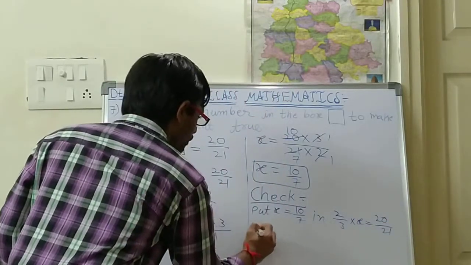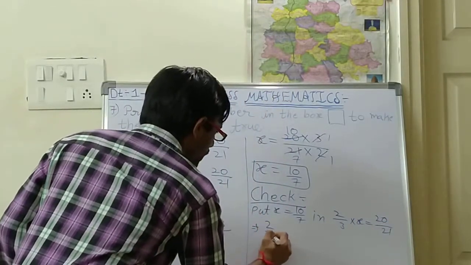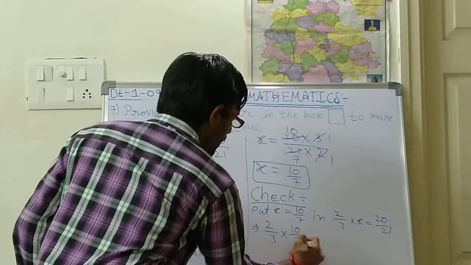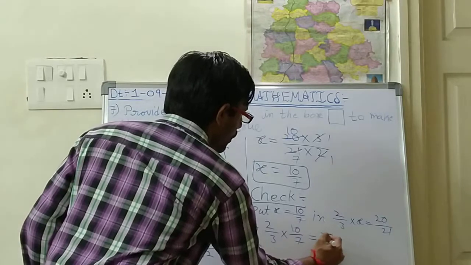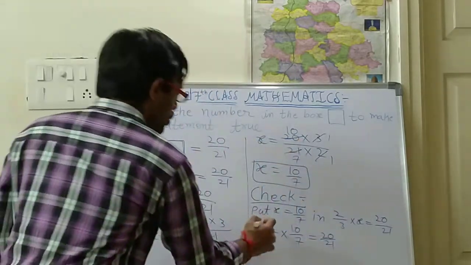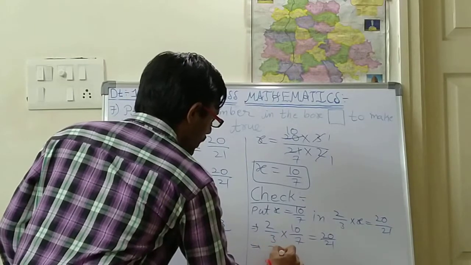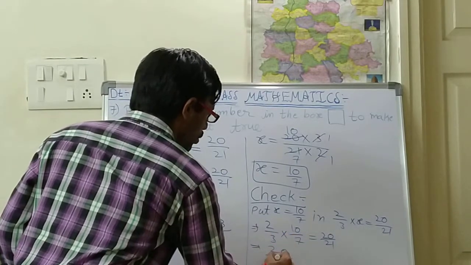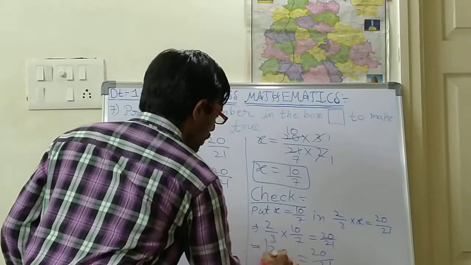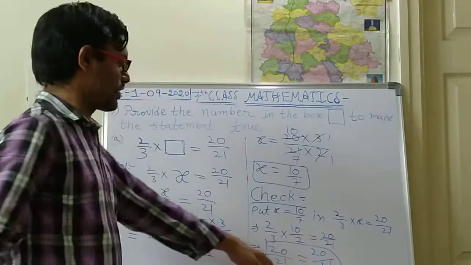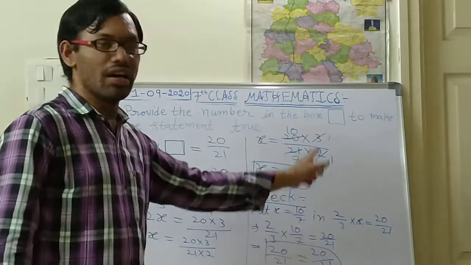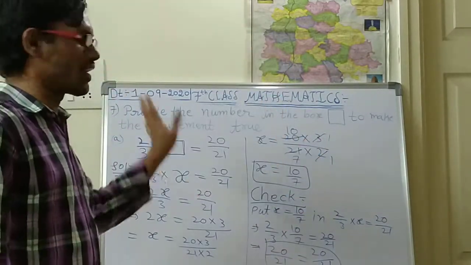That implies 2 by 3 into 10 by 7 is equal to 20 by 21. Here LHS should be equal to RHS. So 2 into 10 is 20, 7 into 3 is 21, equals 20 by 21. Therefore LHS is equal to RHS. So x equals 10 by 7 is the correct answer.